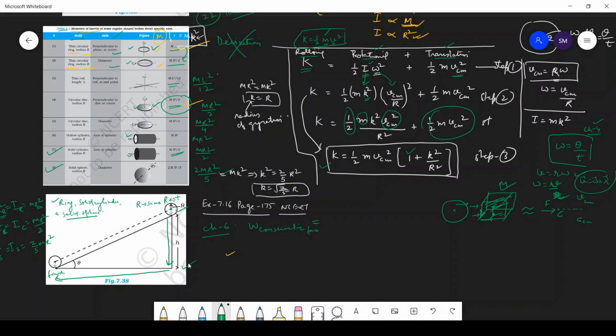Even the velocity will be the same, whether it is falling directly vertically to the ground or coming this way. So here the work is done by the conservative force, and when the work is done by the conservative force, total mechanical energy is conserved.